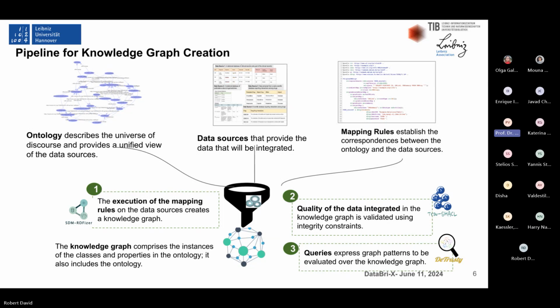We also have the possibility to validate the quality of the data that has been integrated in this knowledge graph. And we are able to traverse and write queries, not only over one knowledge graph but also over several knowledge graphs, so that we can interoperate with this query engine, which in this case is called Trusty.